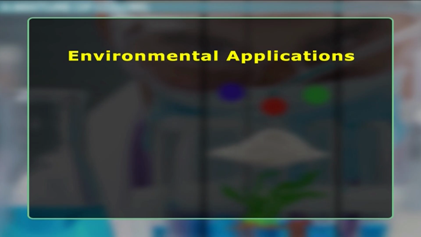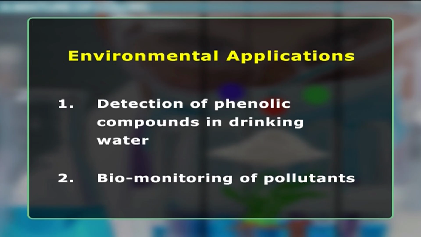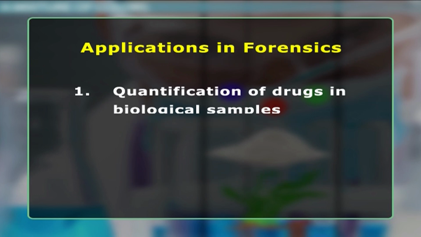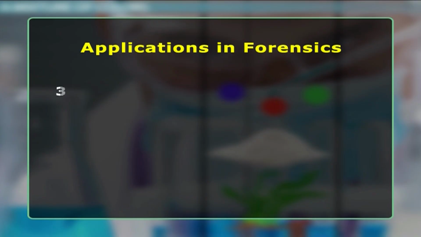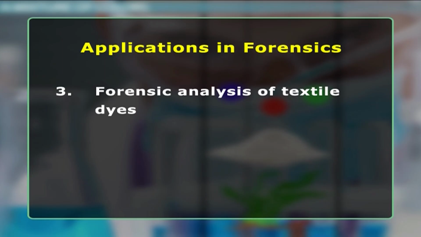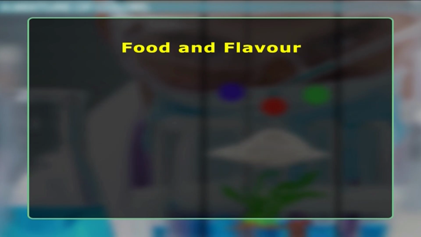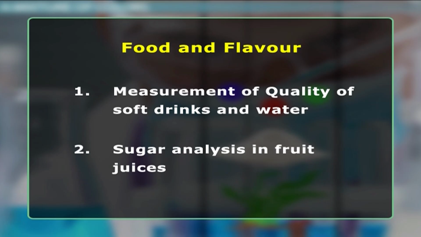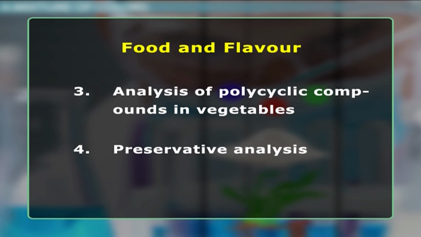Environmental applications include detection of phenolic compounds in drinking water and biomonitoring of pollutants. Applications in forensics include quantification of drugs in biological samples and identification of steroids in blood, urine, etc. Forensic analysis of textile dyes, determination of cocaine and other drugs of abuse in blood, urine, etc. Food and flavor includes measurement of quality of soft drinks and water, sugar analysis in fruit juices, analysis of polycyclic compounds in vegetables, and preservative analysis.